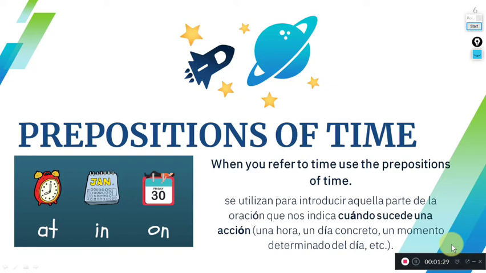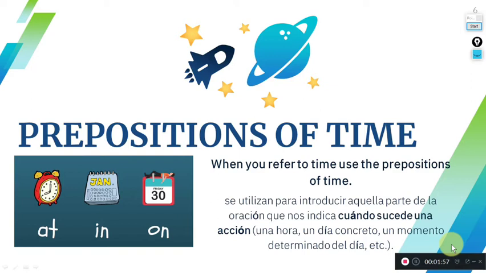So, when are we going to use them? We're going to use them to refer to time. We're going to have small phrases that usually refer to time and also days, dates, seasons, years that need a word to introduce them. In this case, we're going to use prepositions of time.